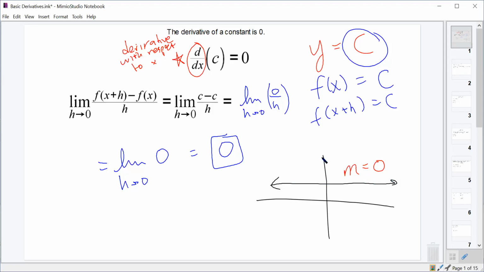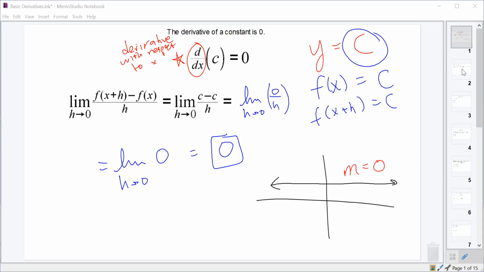It's not rising. The rise is 0, and the run is whatever you choose it to be for where you're finding the slope. The slope is 0. Everybody okay with that or no?